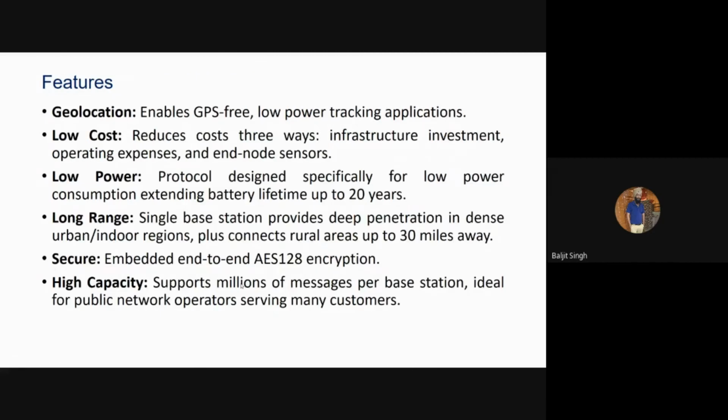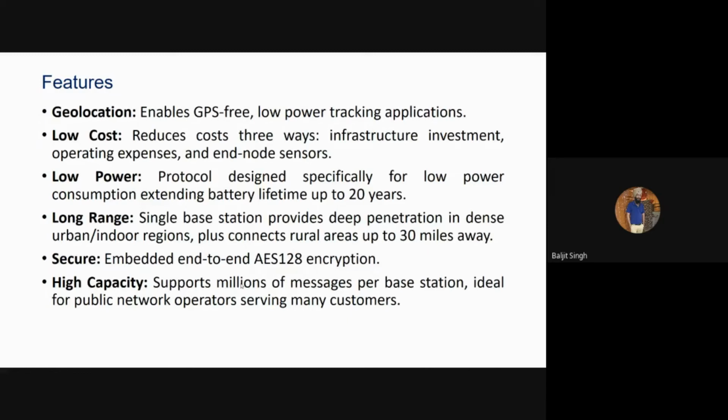Features: geolocation enables GPS-free low power tracking applications. Low cost reduces cost three ways: infrastructure investment, operating expenses, and end node sensors. Low power: the protocol is designed specifically for low power consumption, extending battery lifetime up to 20 years.